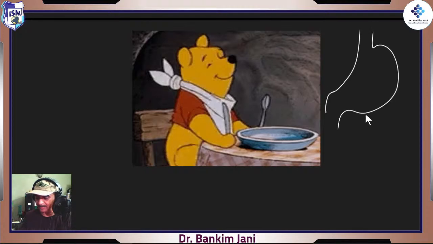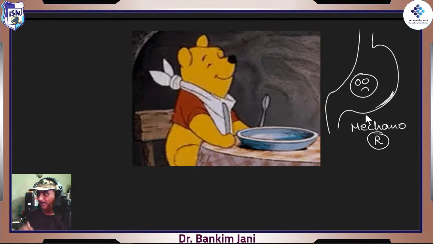This is the stomach, and this stomach is empty. So it means in the walls of the stomach there are mechanoreceptors, we are writing R for receptors. Mechanoreceptors means they are sensitive to stretch.